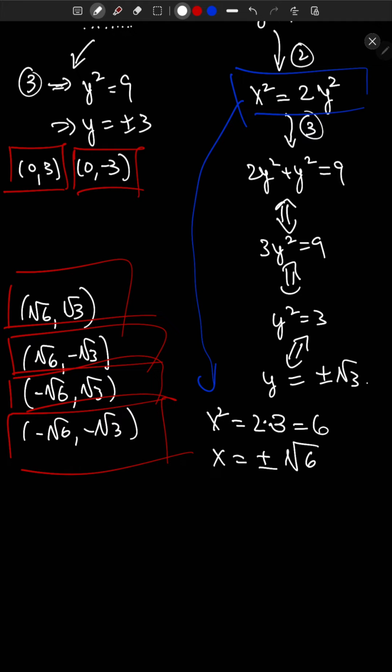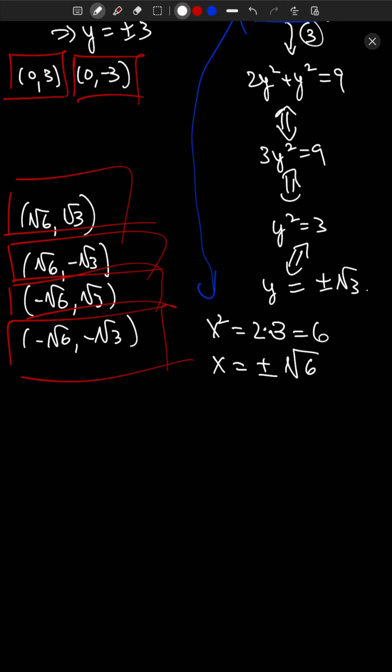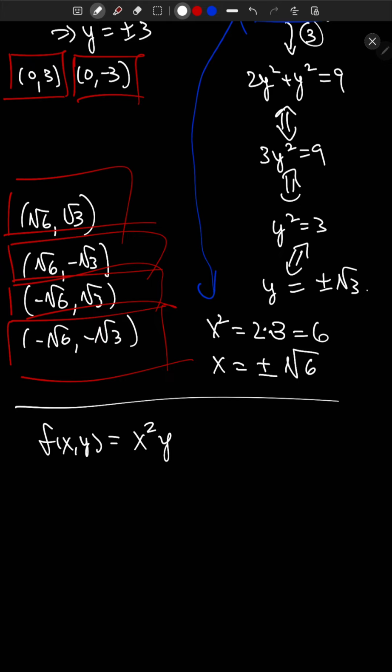Kind of brutal. I have to plug in a whole bunch of points, but the good news is you don't have to use your brain, right? You just plug in. That's what we're always looking for. Get to a point where you don't have to use your brain, right? So here we have f of x comma y was x squared y, and now we just plug in all of these candidates. So f of 0 comma 3 is 0. F of 0 comma minus 3 is 0.